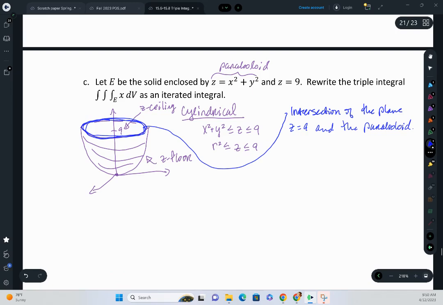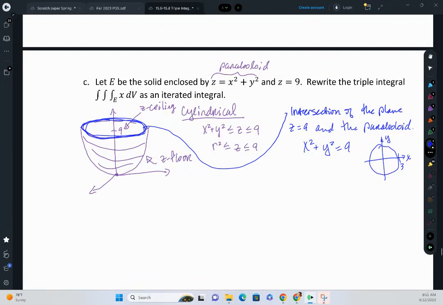So we're going to set them equal to each other, right? So we have x squared plus y squared is equal to 9. That's what we project onto the xy plane. We can draw ourselves a circle with radius 3. And so what that tells me is that r is going to go from 0 to 3, and we have a full circle, so theta is going from 0 to 2 pi.